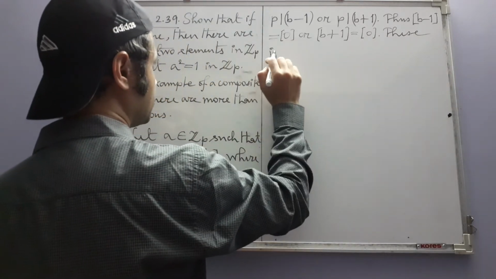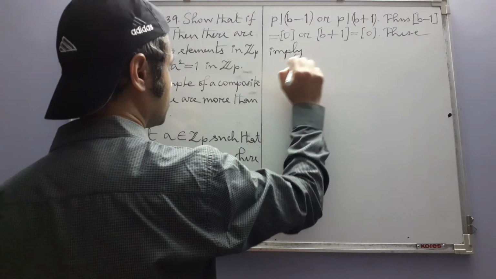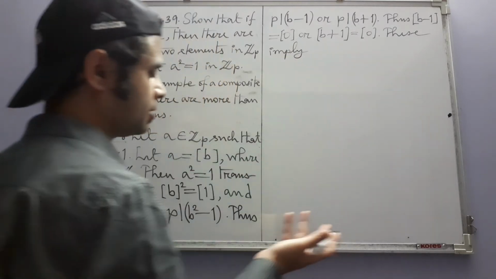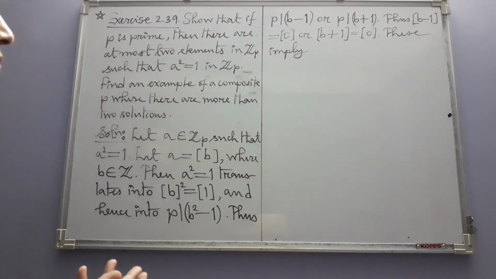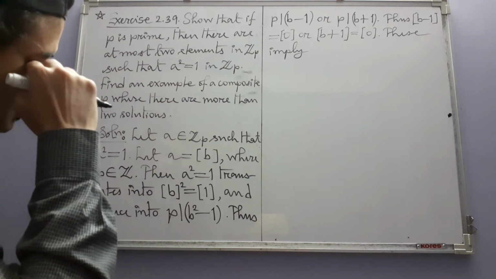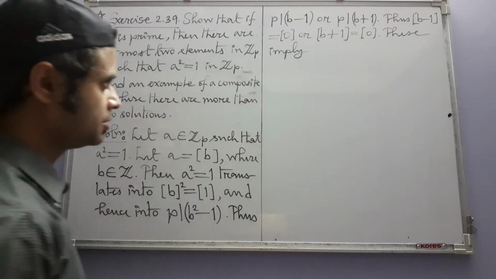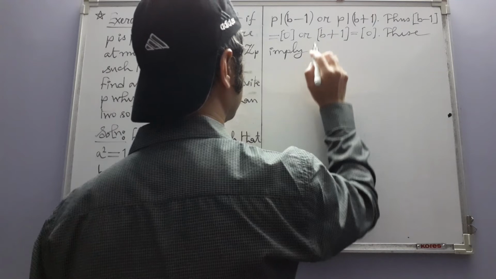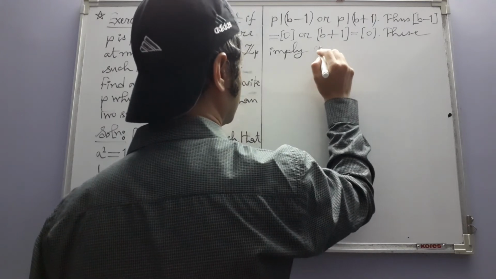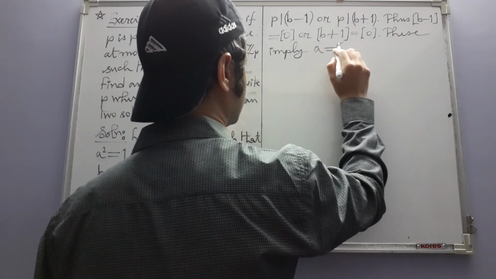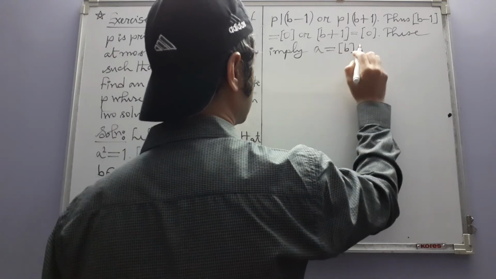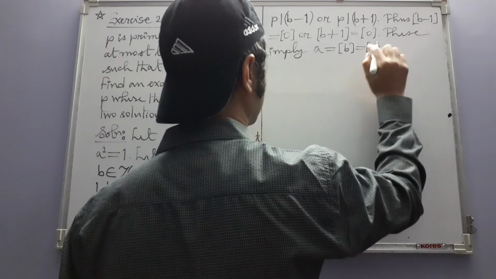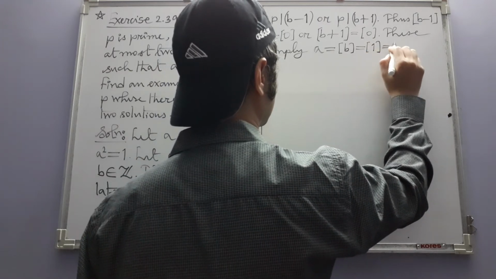These imply that if you apply the operations modulo P, I mean the operations available in this system C_P, then from this condition you get A equal to the congruence class of B equal to 1, which is equal to 1.